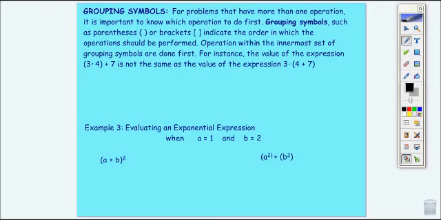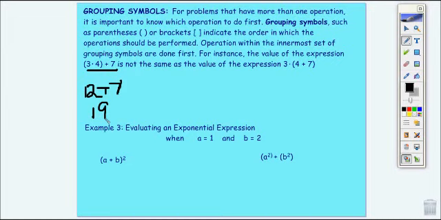I'm going to go ahead and work those out quickly so you can see the difference. So we have a grouping symbol in this first one here, 3 times 4 plus 7. So I would do the grouping first. So the 3 times 4 is going to be 12. And then I'm going to add my 7 to the 12. So 12 plus 7 is going to be 19. Okay, when I look at the next one, simply the same numbers, but they are using different grouping symbols.